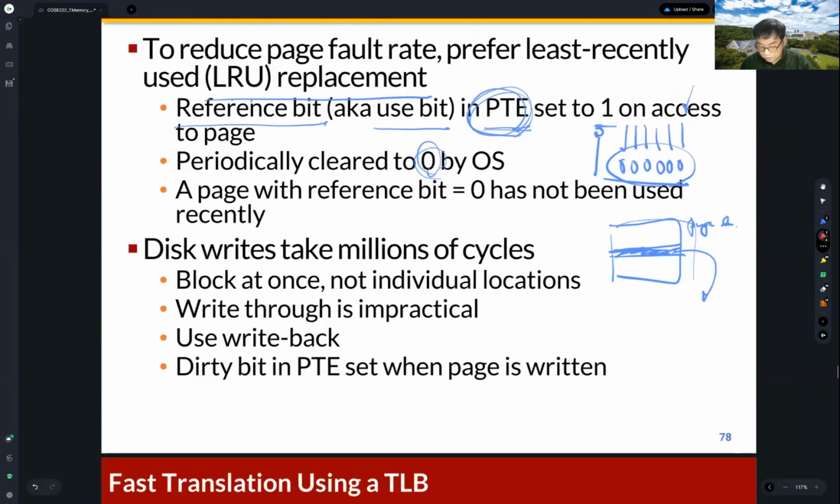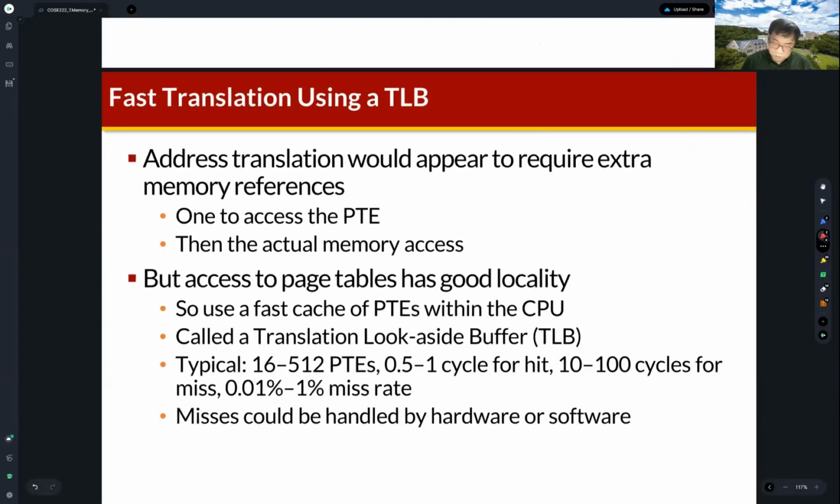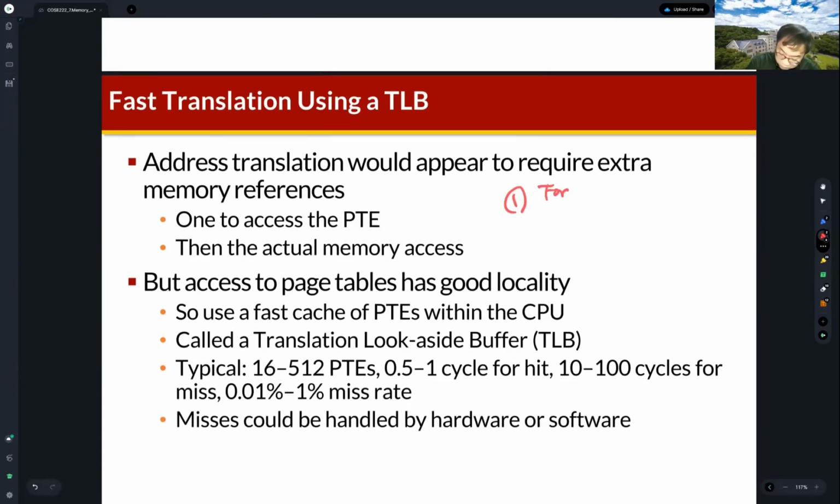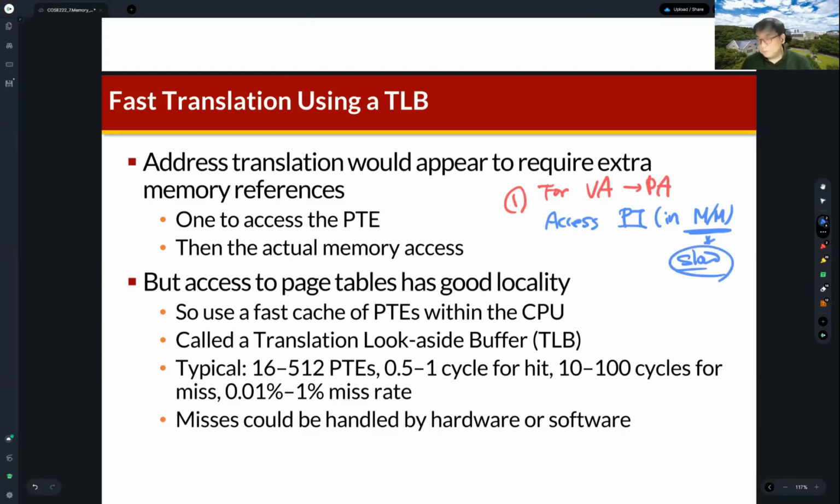The problem is that for virtual address to physical address translation, we need to access the page table in main memory, the physical memory, but main memory is very, very slow. How can we solve this issue?